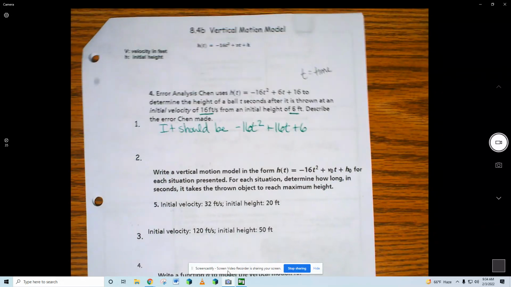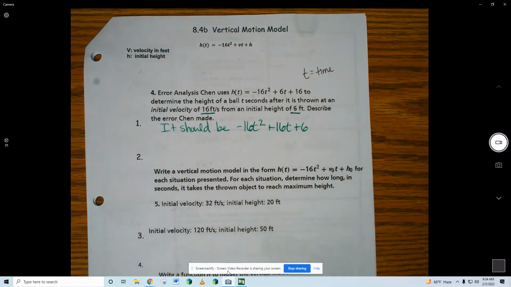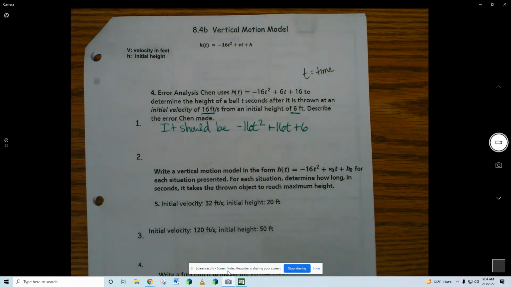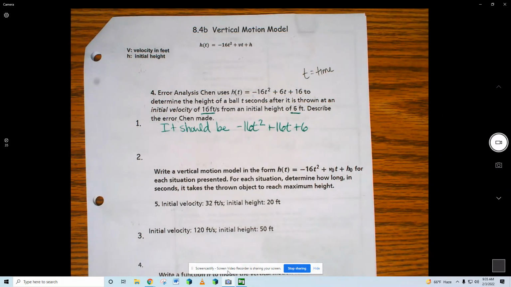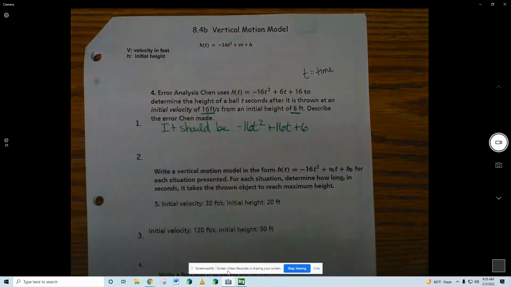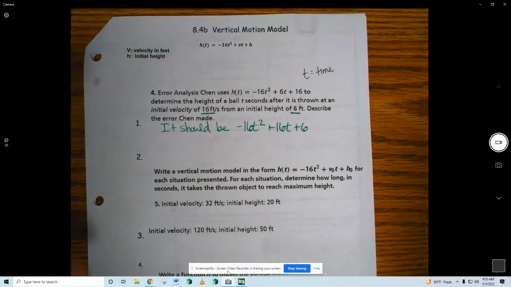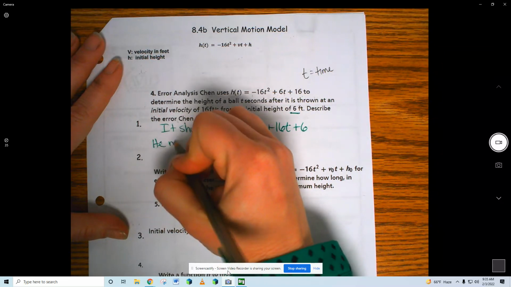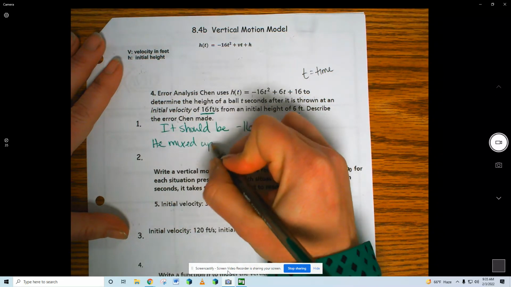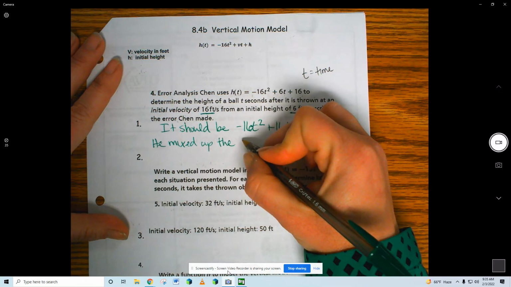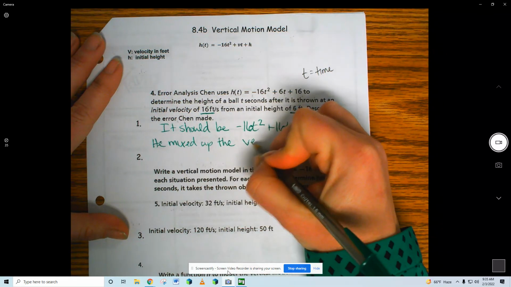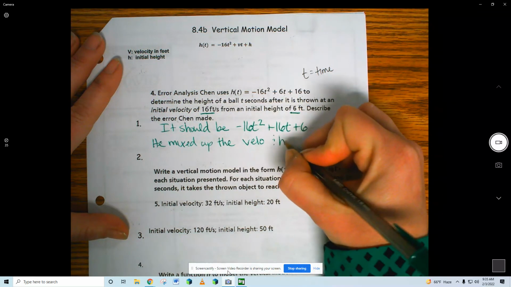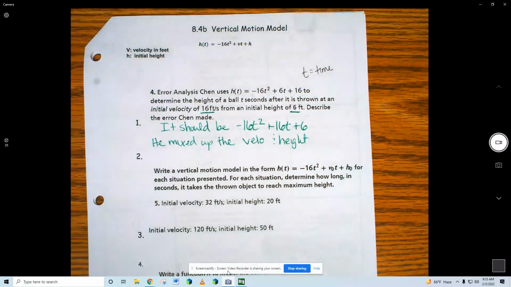So he mixed up the numbers, the velocity and the height.